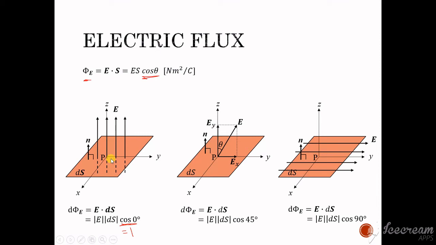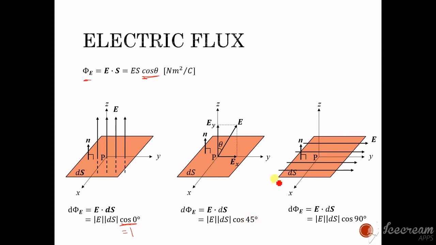Okay, so next one, we have the same surface on the xy plane, but this time the electric field is in this direction. So here we can say that the electric field has an x component and also a y component. Now we see the angle between the electric field and the normal to this surface is approximately 45 degrees.